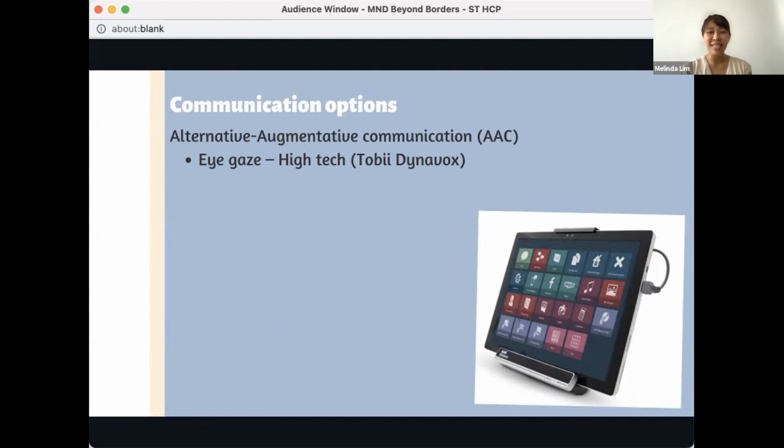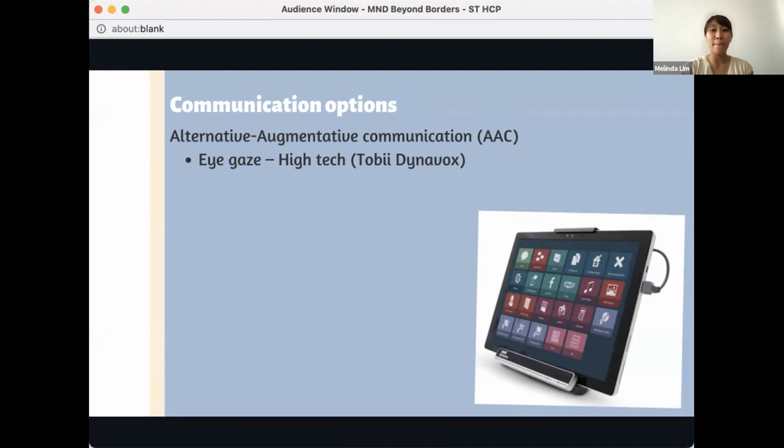It uses infrared sensors, and it tracks where your eye or the pupil is looking on a screen. And it then translates using various algorithms and a lot of AI to know where your eye is looking on the screen. And it uses what we call eye gaze technology or eye tracking technology to make selections.